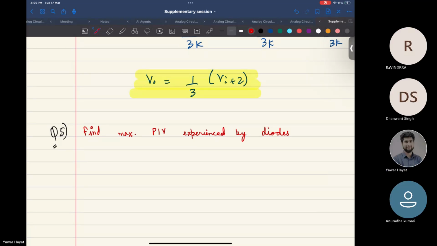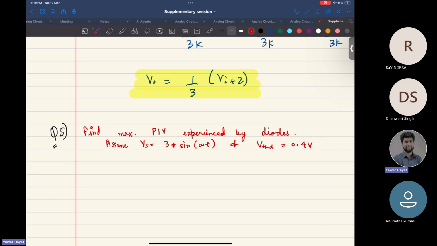We'll assume that your Vs is 3 sine of omega t. And the threshold voltage of each diode, let me denote that by VTH,D, is 0.4 volt for all diodes. By threshold I mean the voltage that turns it on.